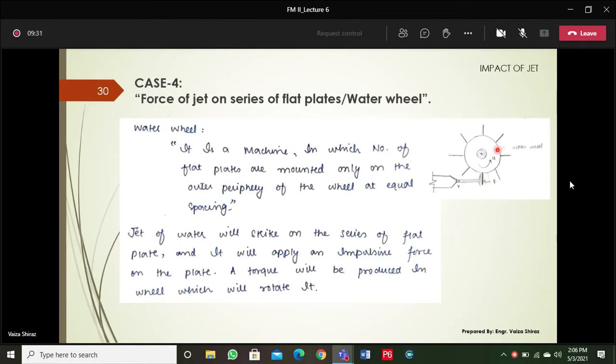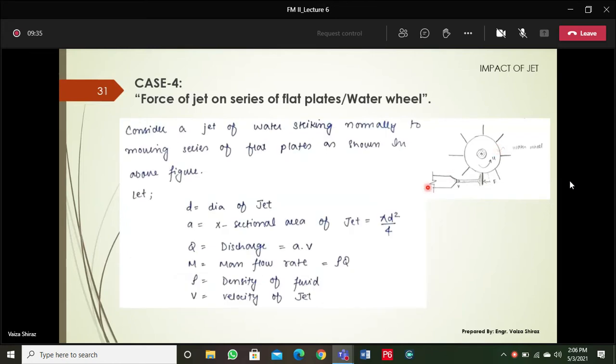Now how you will find out the force for this? For this, we will consider a jet of the water striking normally to a moving series of the flat plates as shown in the figure. Over here, d is the diameter of the jet, a is the cross-sectional area of the jet, that is pi d square by 4, q is the discharge, that is a into v, m is the mass flow rate, that is rho into q, rho is the density of the fluid, and v is the velocity of the jet.